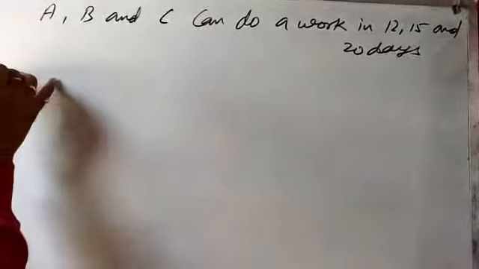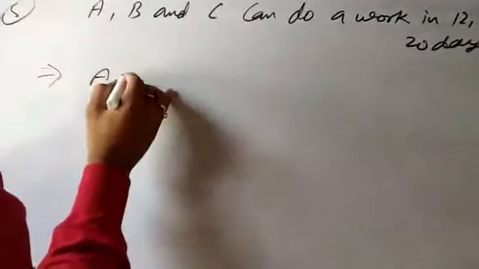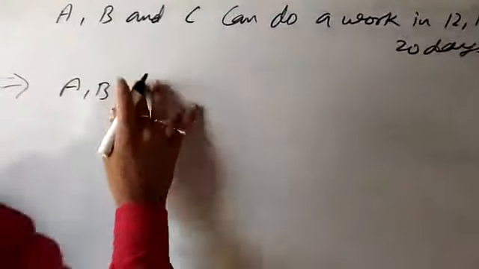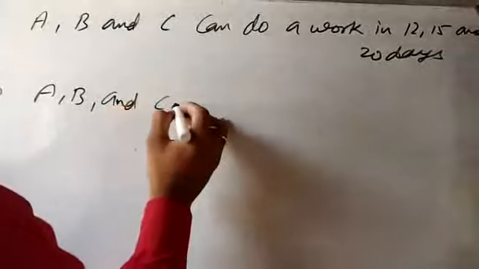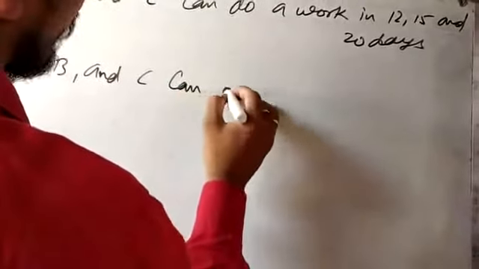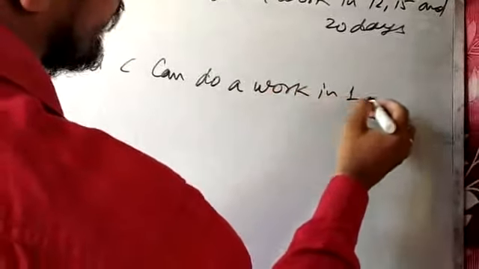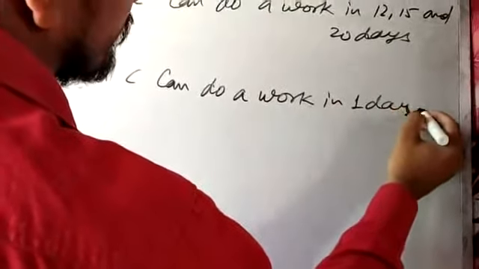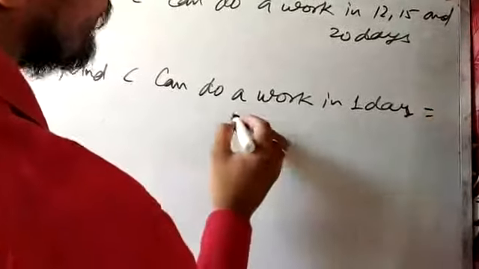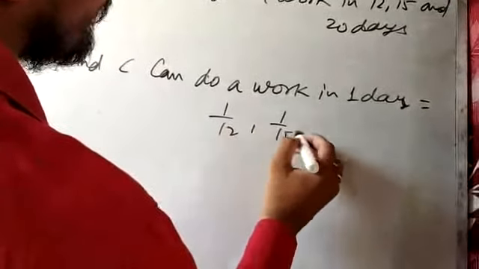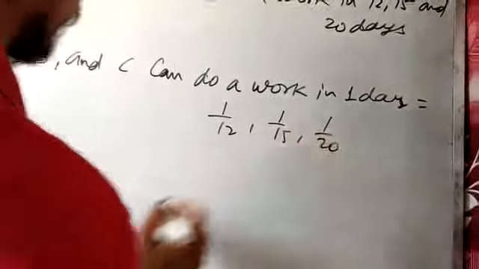Then A, B and C can do the work in 1 day is equal to 1 by 12, 1 by 15 and 1 by 20.